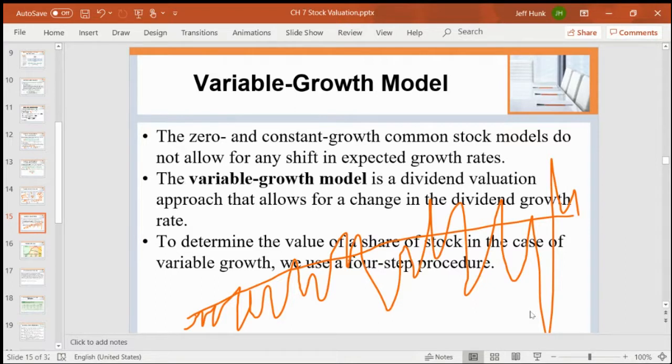Well, but again, think about it. Growth at a constant rate comes only at the phase when the company is growing at a constant rate. In other words, only when the company has reached a certain steady phase.